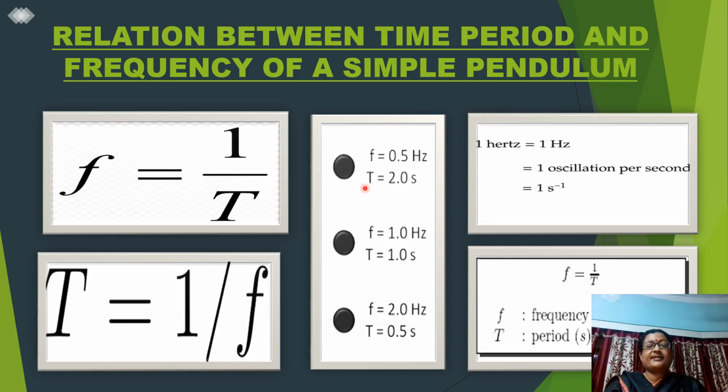Now when you look at it, it is f is equals to 1 by T, यानी कि जो frequency होता है is equals to 1 by time period, or if you are going to change the positions of these two, T and f, what do you get? T is equals to 1 by f. That means that they are reciprocal of each other.